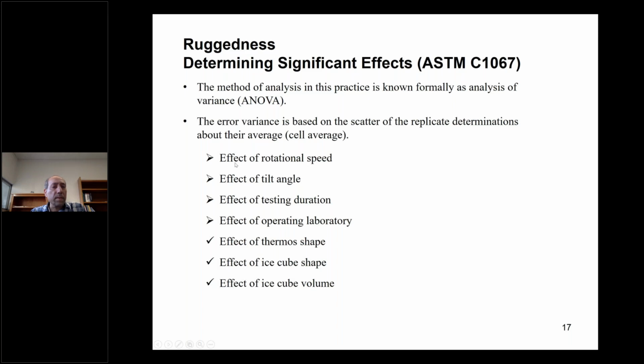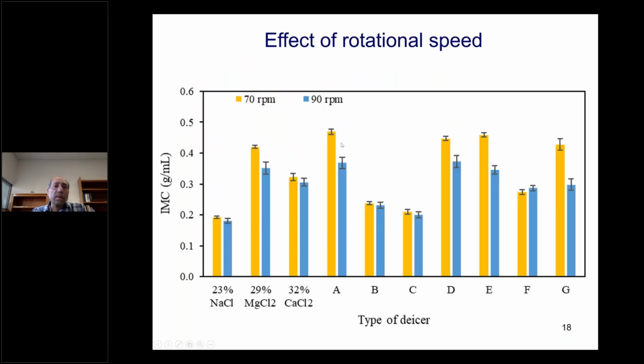So we studied the effect of rotational speed, effect of tilt angle, effect of testing duration, effect of operating laboratory, and the effect of thermos shape, effect of ice cube shape, and effect of ice cube volume. So to study the effect of rotational speed, we use 70 RPM and 90 RPM.